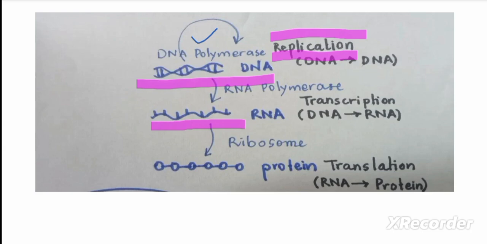And then this DNA molecule undergoes transcription with the help of RNA polymerase enzyme and forms a single-stranded messenger RNA molecule. This messenger RNA molecule then transfers its information into a functional product which is protein with the help of ribosomes, and this process is known as translation.